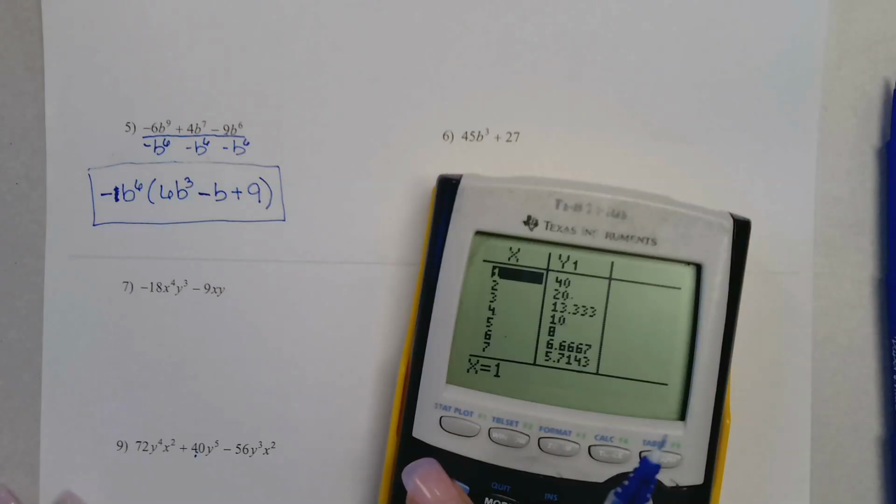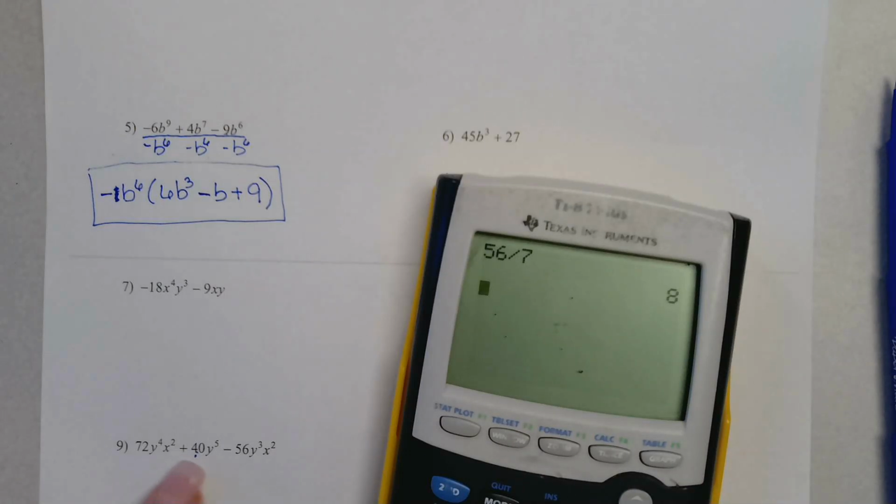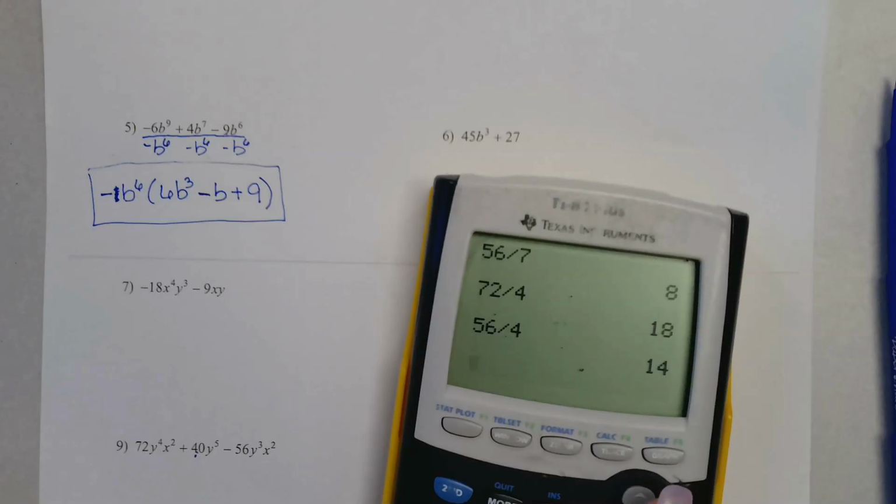So if I go back here, and I take 72 divided by 4, I get 18. And 56 divided by 4, I get 14. So 4 is a common factor of all of those.